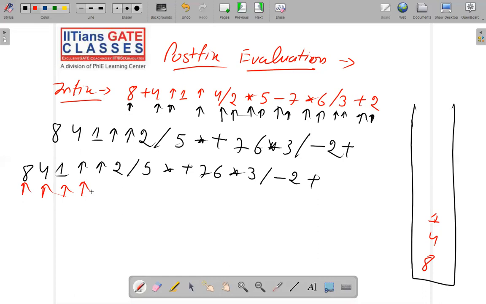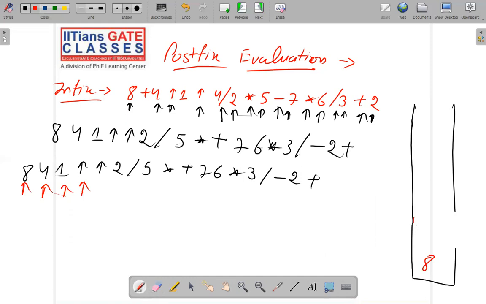It pops the 2 topmost elements. So this is our X, this is our Y, and we do the power operation and again push the result into the stack. So it will do X to the power Y, and push this result back to the stack. So it pops 1 and 4.